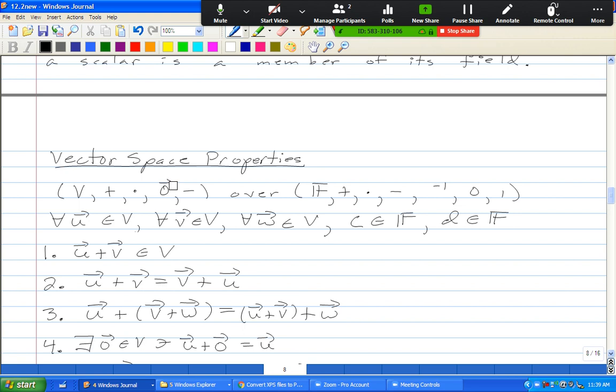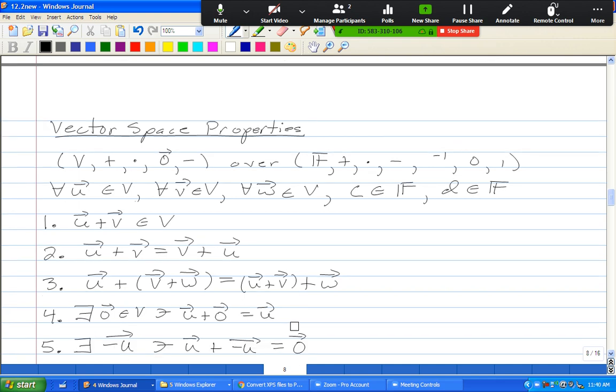So there exists some vector 0, a member of the vector space, such that for any vector u plus this additive identity, you get back the same vector u. And so this 0 here is a right additive identity. By the commutative property for vector addition, it's also a left additive identity.